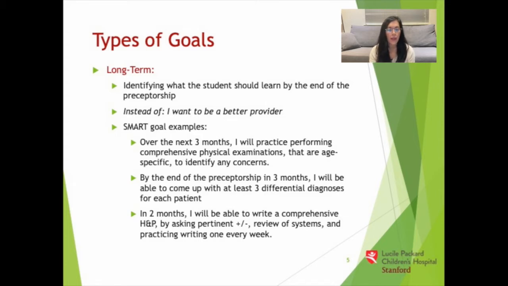Or at the end of the preceptorship in 3 months, I'll be able to come up with at least 3 differential diagnoses for each patient. Again, another example is in 2 months, so time-based, I'll be able to write a comprehensive H&P by asking pertinent positives and negatives, reviewing systems, and practicing writing 1 comprehensive H&P every week.